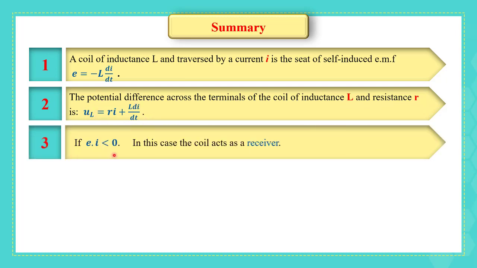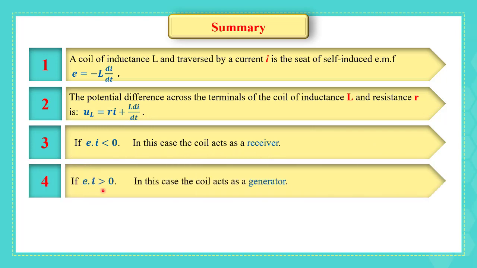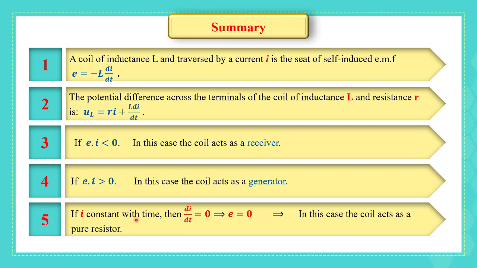If e times i is less than 0, in this case the coil acts as a receiver, while if e times i is greater than 0, the coil acts as a generator. And if I is constant with time, then di over dt equals 0 and e equals 0, so in this case the coil acts as a pure resistor.